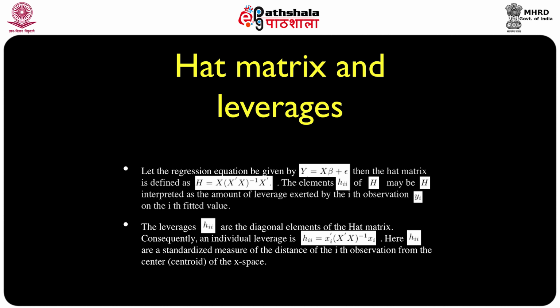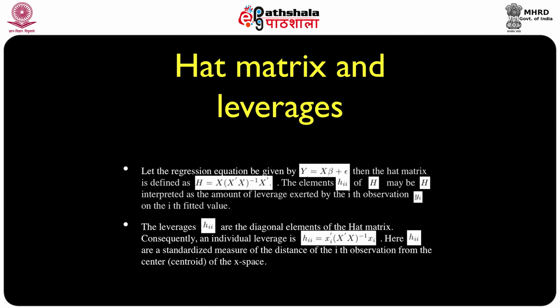Now, in connection to outliers and leverages, one very important matrix that we come across is the hat matrix. Suppose the regression equation is given in matrix form by y equals X beta plus epsilon. Then the hat matrix is defined as H equals X (X prime X) inverse X prime.